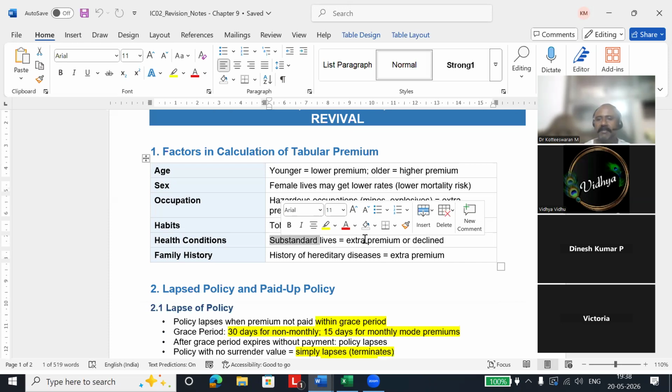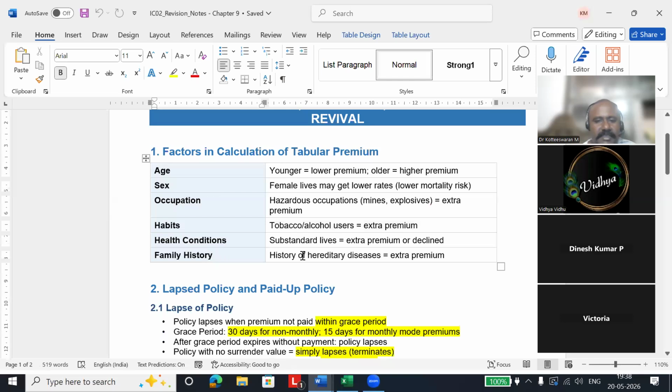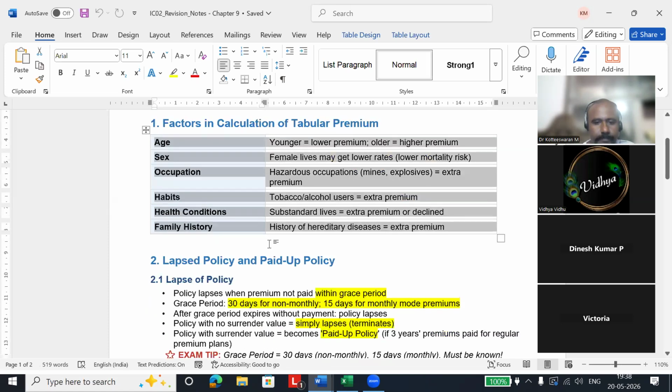If you have health issues like diabetes, hypertension, or heart disease, you are already at risk. So they will charge extra premium or they will decline the policy. They won't give the policy. So family history. There are some hereditary diseases which travel along the family. So if you have a hereditary disease in the family history, they will charge extra premium. So these are the factors which influence the tabular premium.